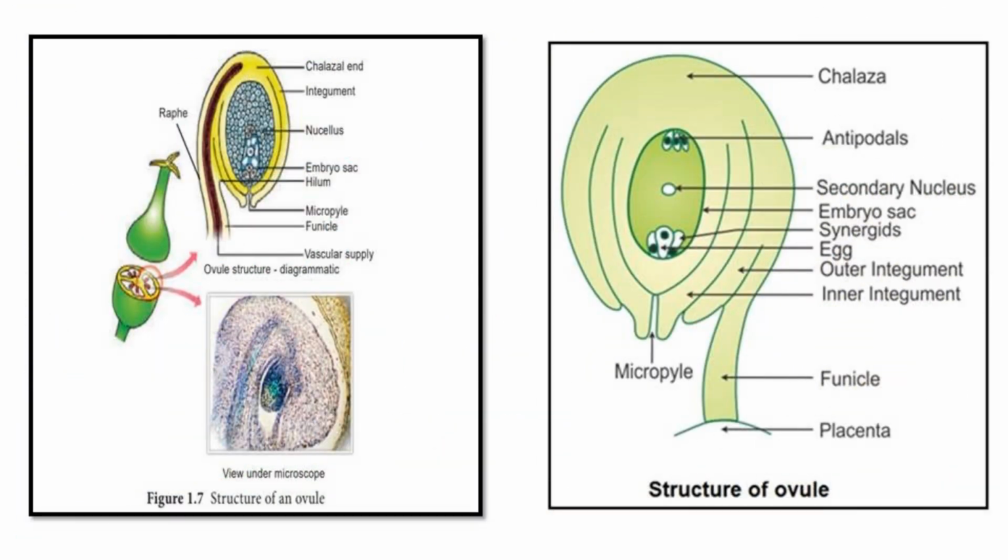Here just observe the diagram of an ovule. Both the diagrams, one is enlarged, another is from the ovary, ovule is focused. So just compare these two diagrams given. Now we will be discussing the details of these diagrams.